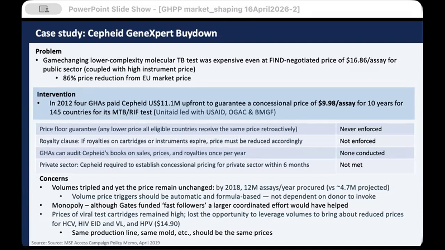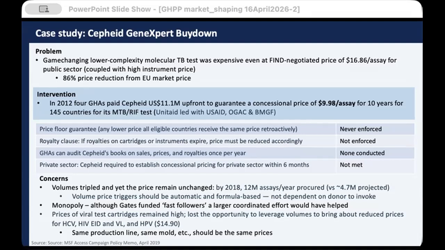Also, some people have perceived this buy down as setting up a monopoly for Cepheid, although I do want to flag that there were funding efforts, especially by the Gates Foundation, for fast followers, but there weren't any fast followers in terms of new developers with new molecular diagnostic platforms.